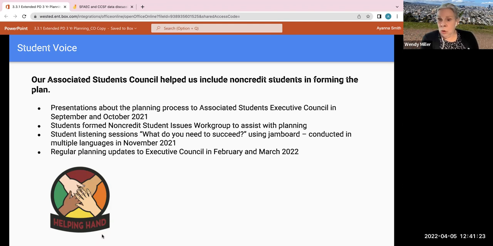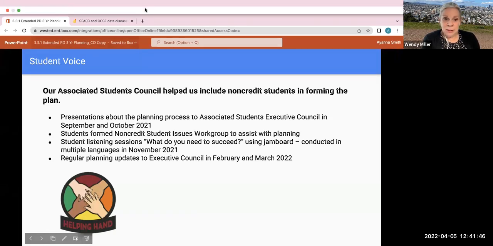And they were so excited about being asked that they formed a non-credit student issues work group to assist with the planning. And those 5 or 6 student leaders became sort of my tag team for all of this activity. They attended every single event. They provided valuable input.